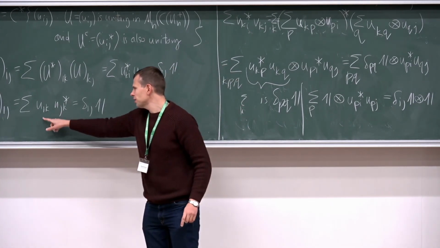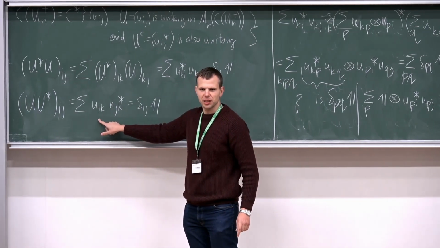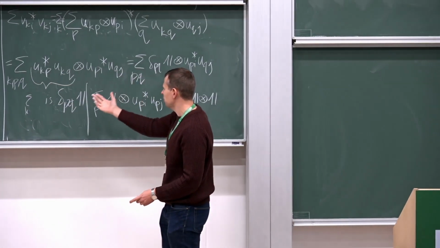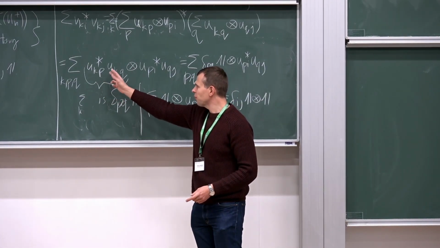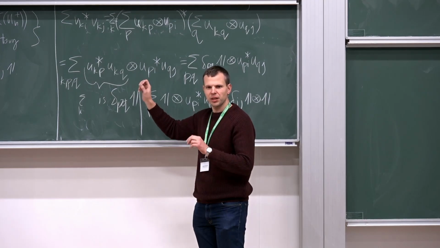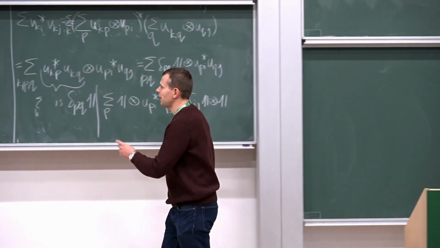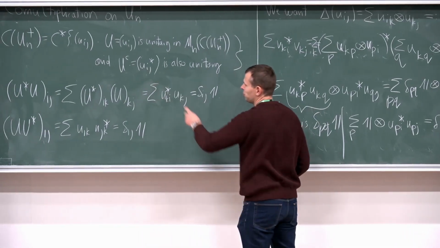For the other relation, I will not write it down because it's exactly the same computation, but with the stars on the other side. You first sum over one index, get identity times some delta, then perform the other sum and get the same thing. The other condition is also the same.